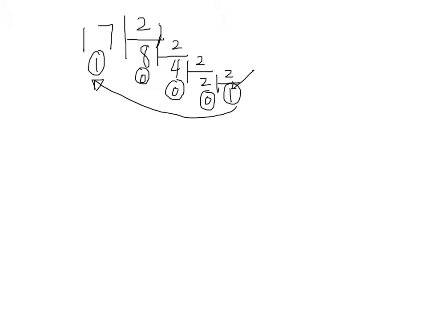So I'm going to say 17 base 10 is 1, this one. The next one is 0, 0, then 0, 0, 1 in base 2. So we just converted a number in base 10, which is 17, to a number in base 2, which is 1, 0, 0, 0, 1.